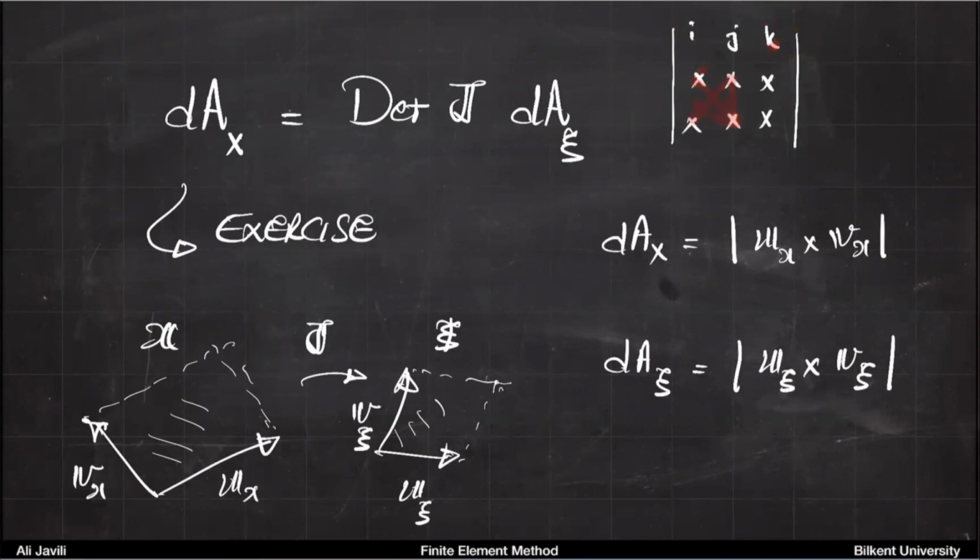Okay, so you kind of see how the determinant is connected to a cross product. So basically, it's not too complicated to see that this thing is eventually your J11, J22 minus J12, J21. Okay, but this is like a mathematical proof.